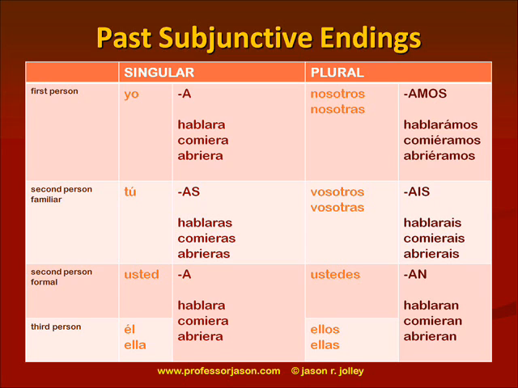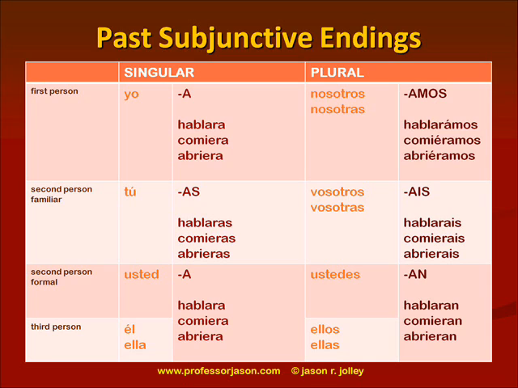For the nosotros or nosotras forms, we add amos. Habláramos, comiéramos, abriéramos. Okay, we've taken off the ON again. For vosotros or vosotras, we're adding ais. Hablarais, comierais, abrierais. And for the third person plural forms or the second person formal, ustedes, we're going to add an. Hablaran, comieran, abrieran. A couple things to draw your attention to on this slide.